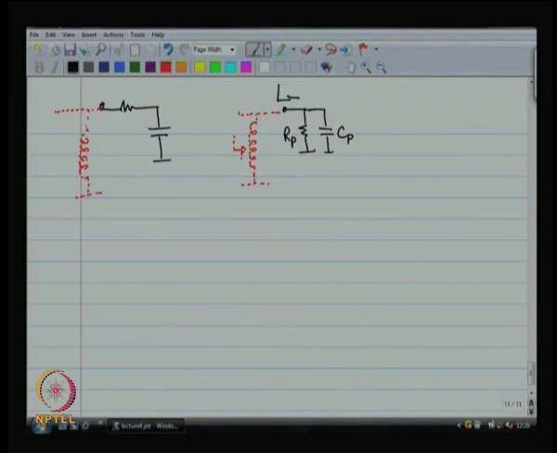So, we will equate the input impedance looking in from these two terminals, real and imaginary parts of these, and we will figure out how the resistor and the capacitor need to be numerically related to each other. So, how are we going to do this? Same procedure. First of all, we have the observation that Q of the parallel network is proportional to RP by square root of L by C, and I do not want to really use L over here. So, let me try to get rid of L.